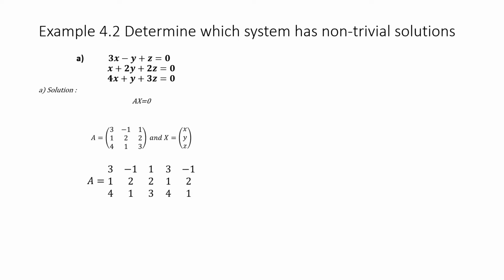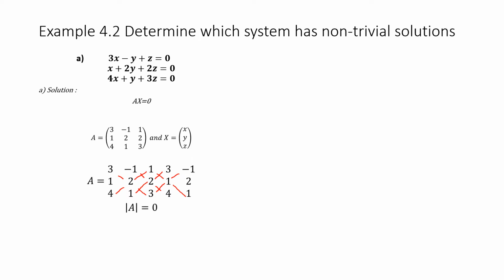Then to find the determinant, if you remember, I explained it very well in Cramer's rule. Multiply these 3, then these 3, and this diagonal, then minus the diagonals 3 2 1 and 1 2 4. So the determinant is coming 0.